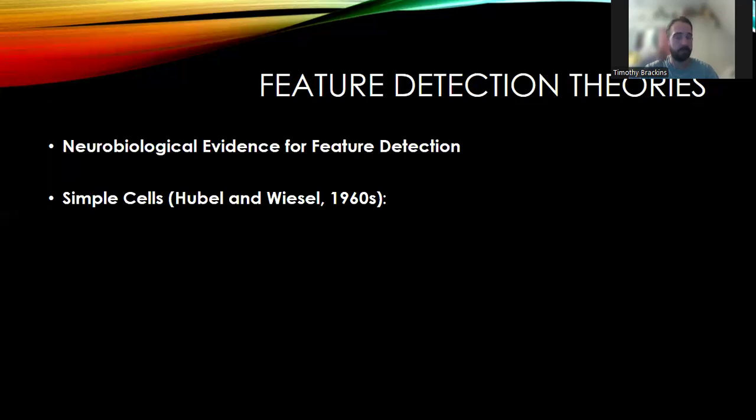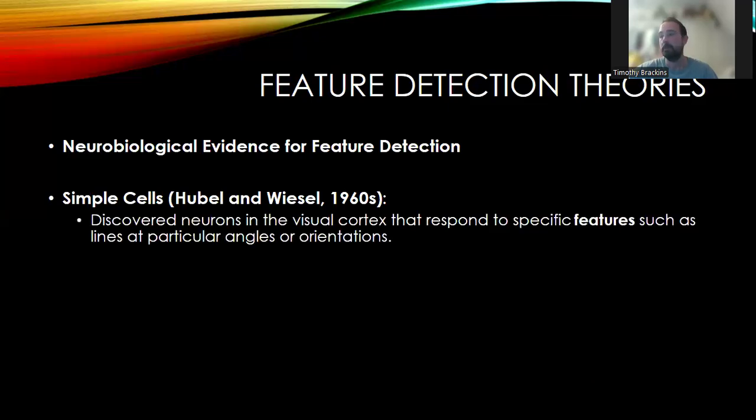There is neurobiological evidence for feature detection theory. If you think back to our last lecture, we talked about simple cells. Those are the ones that code for a specific orientation of a bar. There's literature suggesting that feature detection theory works by doing this.